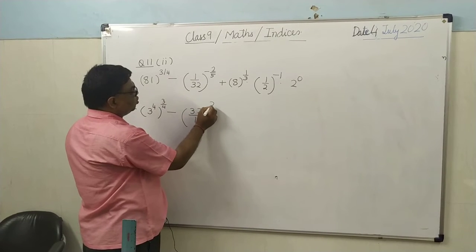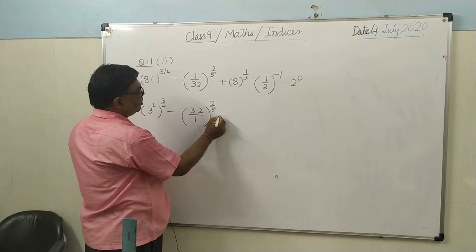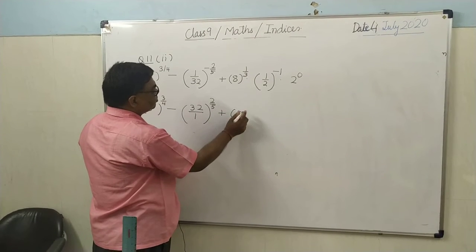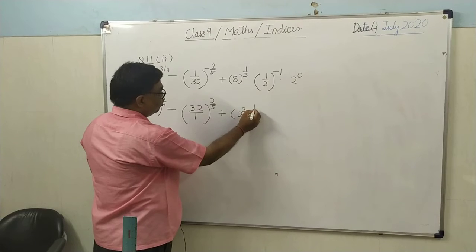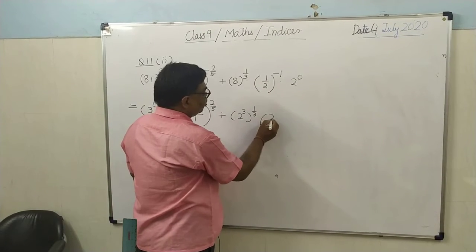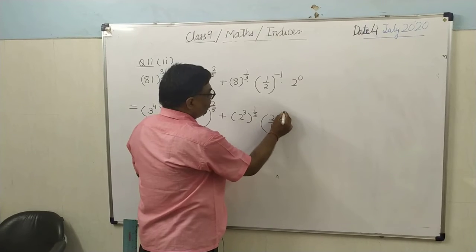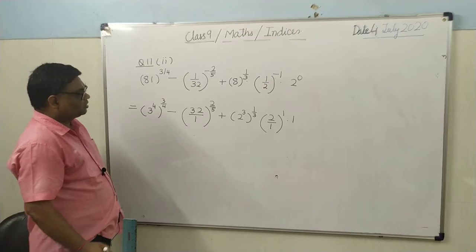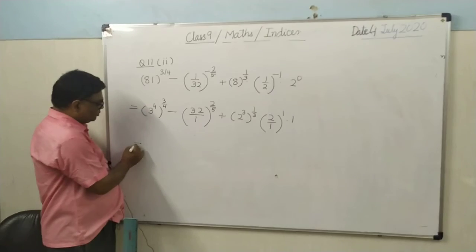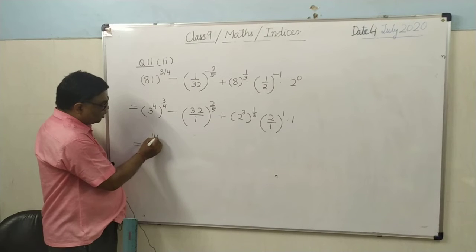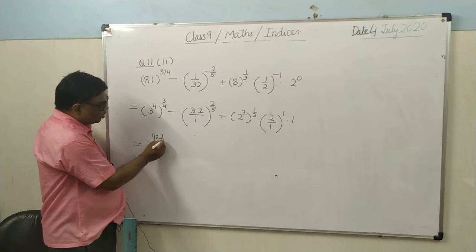Whole to the power 2 upon 5 plus 8 you can write 2 to the power 3 whole to the power 1 by 3. Here also you can write 2 by 1 whole to the power 1. 2 to the power 0 means 1. It's clear? Now you can see here, when powers multiply, so 4 into 3 by 4.